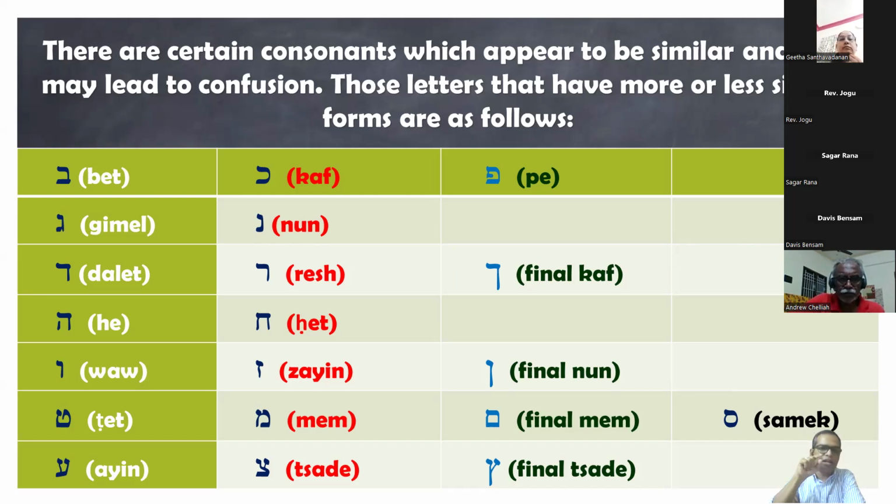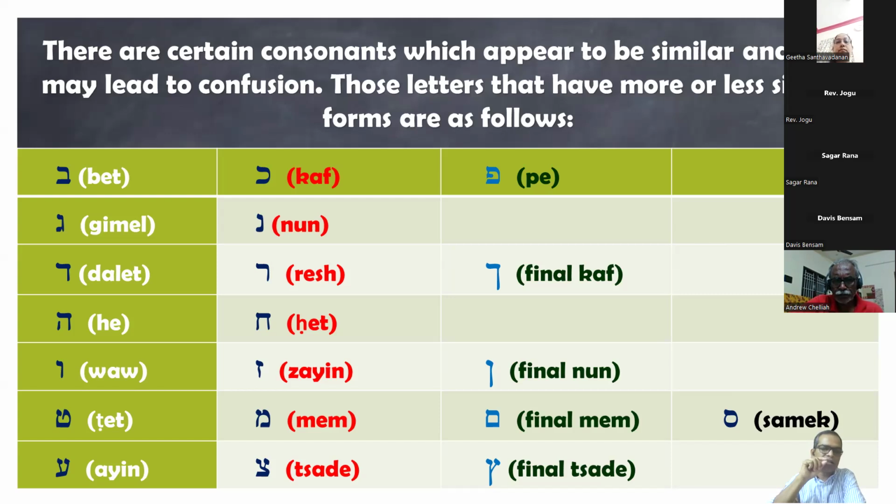Then Gimel and Nun, you may have a confusion. Gimel looks like Nun, but it is not Nun, because you write a horizontal stroke, then make a vertical line, and at the bottom you see a slanting line, not a straight horizontal line, but in Nun you see a straight horizontal stroke.